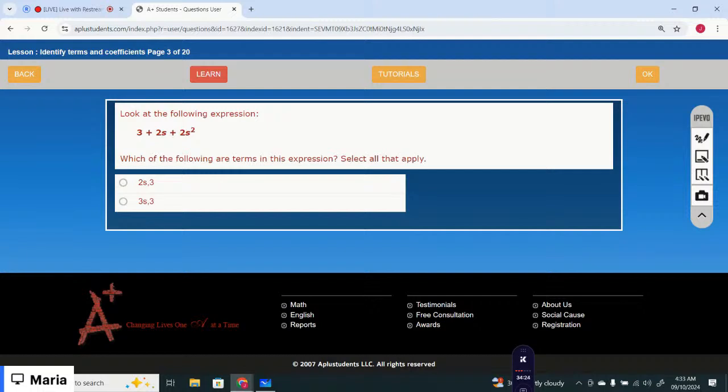Look at the following expression: 3 plus 2s plus 2s square. Which of the following are terms in the expression?